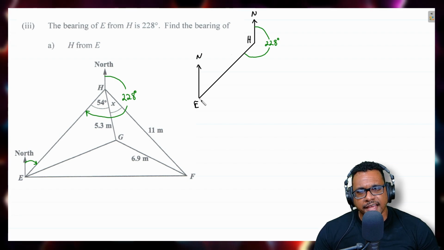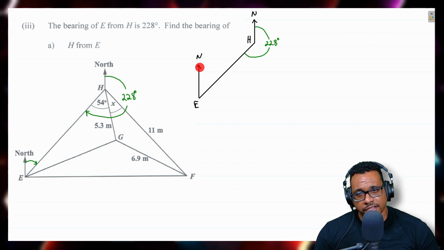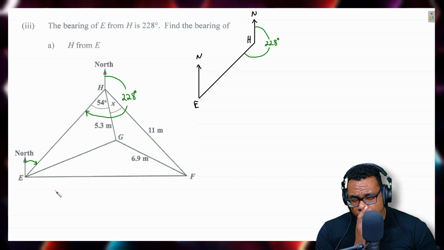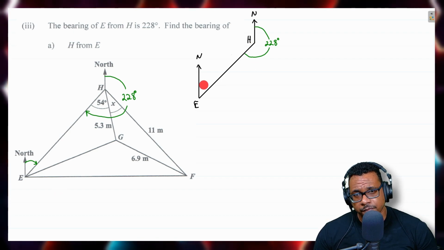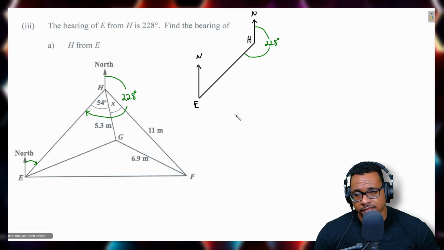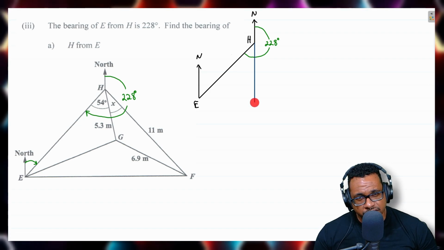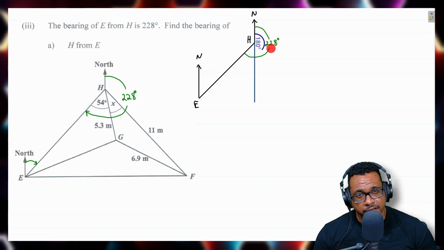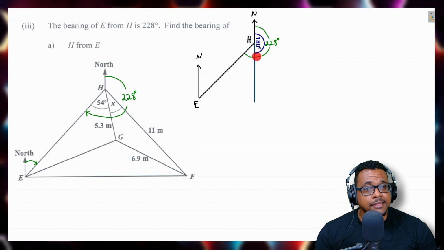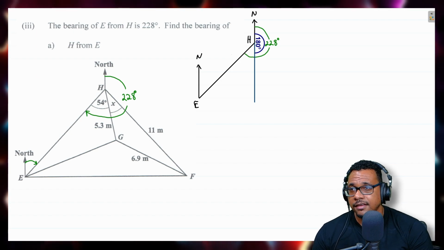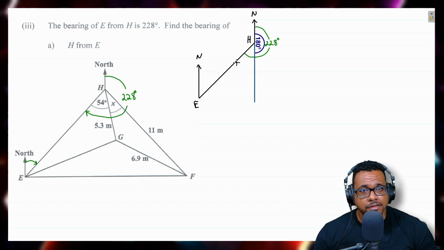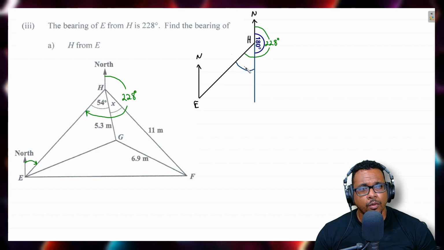All right, so I have the line connecting E to H. I have the north line on E, the north line on H. Now, since I want this angle here, I could bring a straight line down like this. So this would be a straight line. So at H here, with the straight line, we'll have 180 degrees. And therefore, if I want this little angle inside of here, I'll put that in blue. This angle here, I would simply take away 180 degrees from this 228.